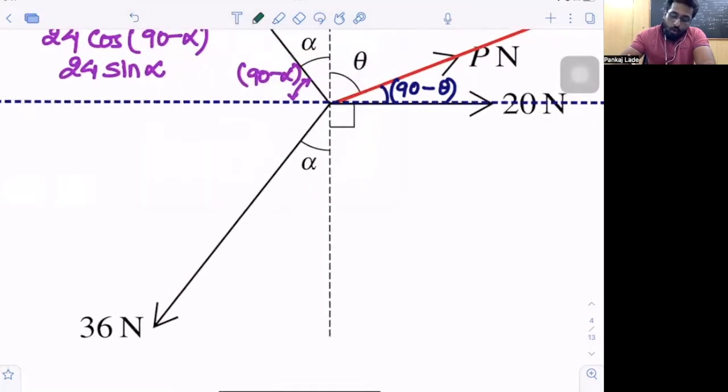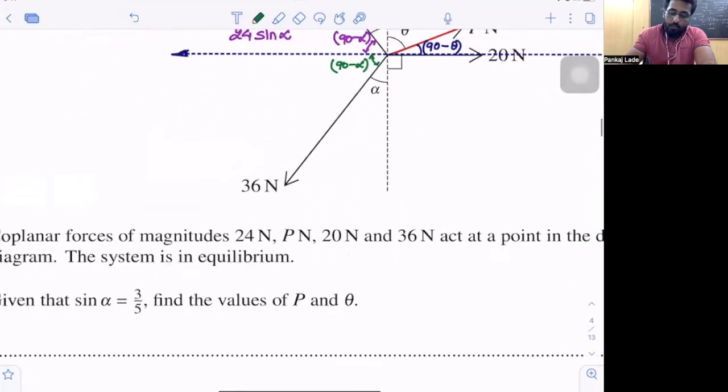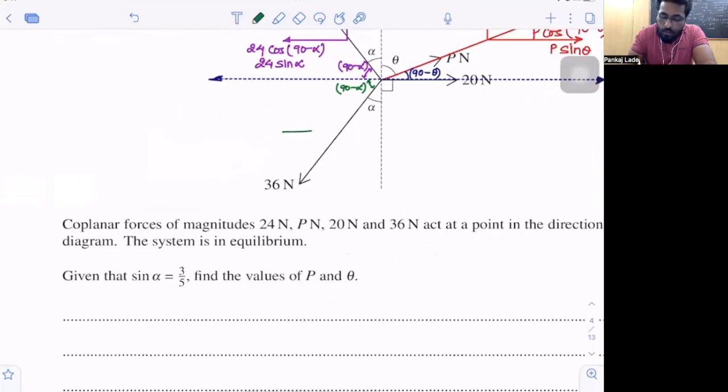The inclination with the horizontal here is 90 minus alpha. So I'm going to resolve the 36 Newton force also into 2 components. One of them is the horizontal component, and this is going to be how much? 36. Horizontals are always cos. The inclination with the horizontal line is 90 minus alpha.